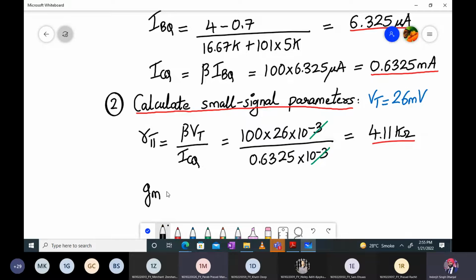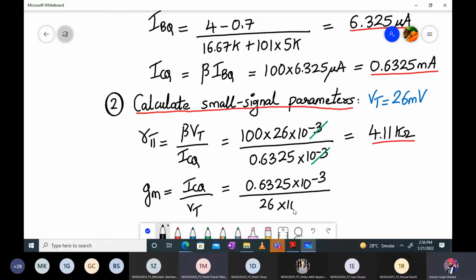Next we'll calculate GM, which is ICQ divided by VT, which will be 0.6325 into 10 raised to minus 3 divided by 26 millivolt. So again your 10 raised to minus 3 will get cancelled, and your GM value, how much is GM value?